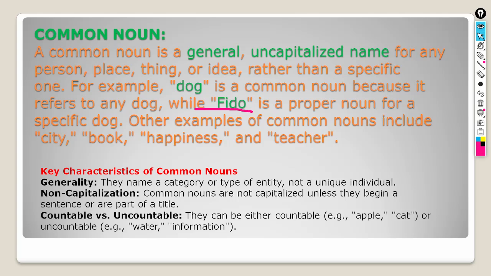Now let us go to the second category, that is common noun. A common noun is a general, uncapitalized name for any person, place, thing, or idea rather than a specific one.